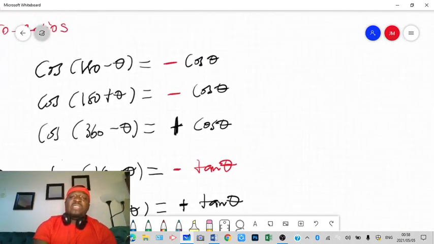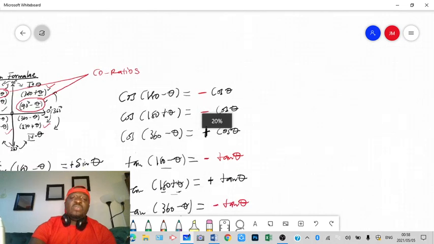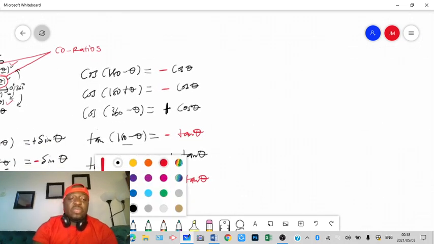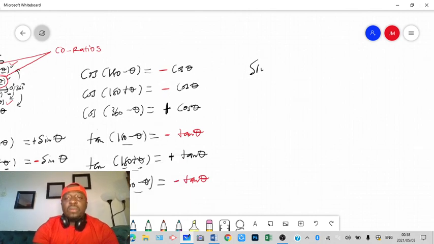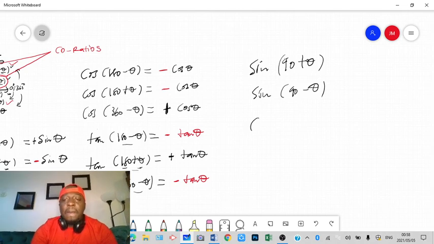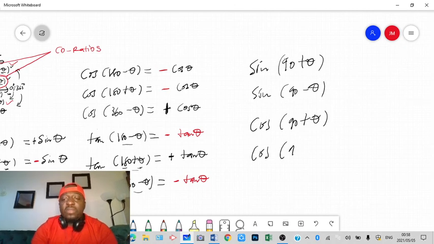So I'm going to list them here and let's see how they simplify. I'll start with your sine 90 plus theta, and then your sine 90 minus theta, and then your cos 90 plus theta, and then your cos 90 minus theta.